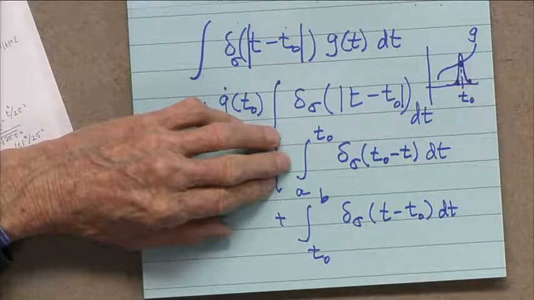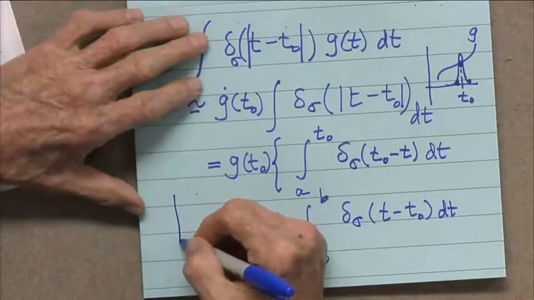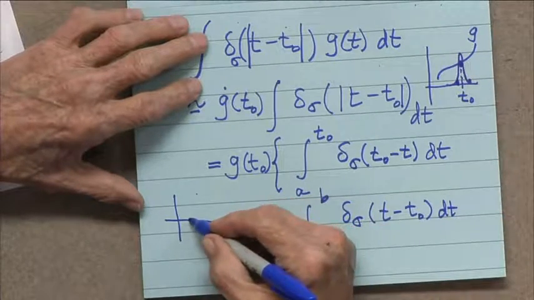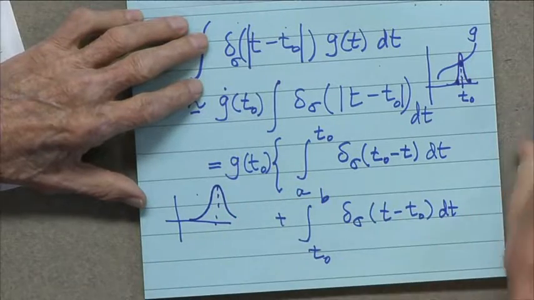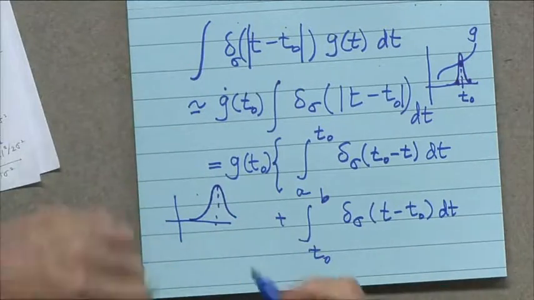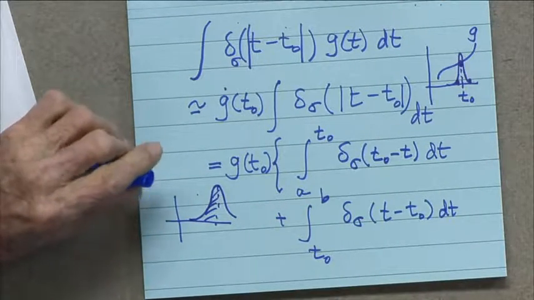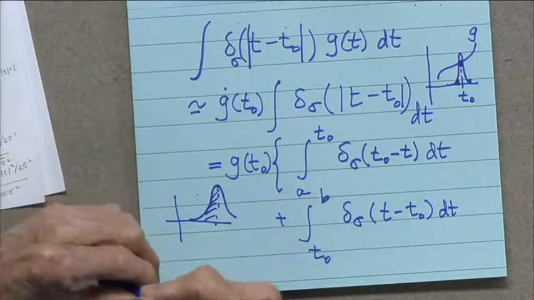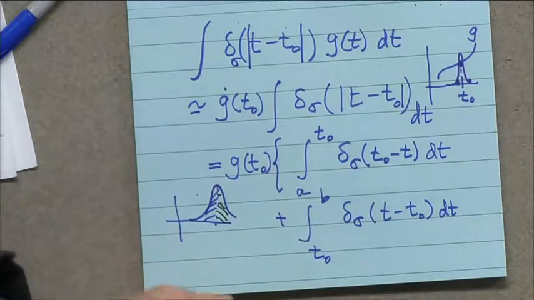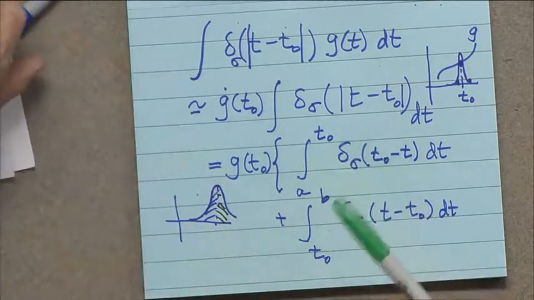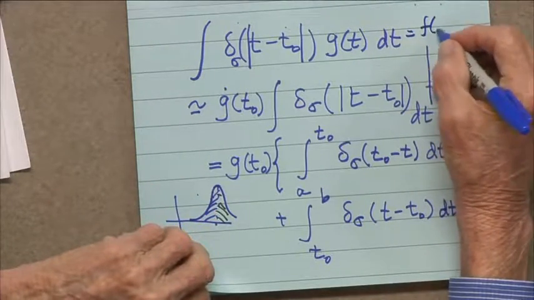Half the area. Right. So when you're integrating, you're talking about that area as one area, and you're talking about this area as another area. But it's always a half. So it's a half plus a half, f of t0.